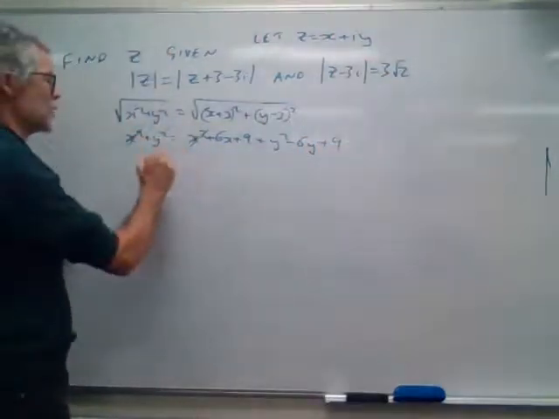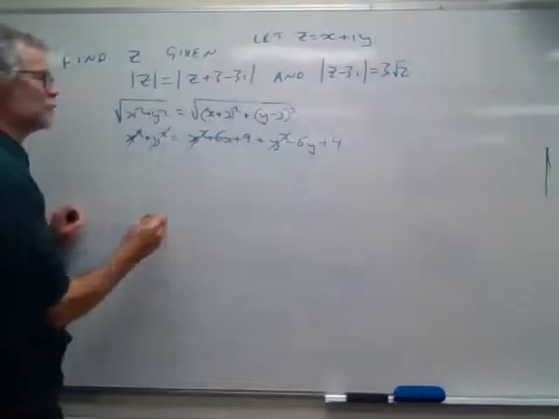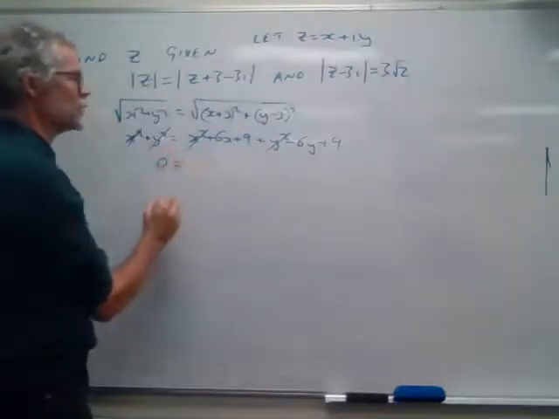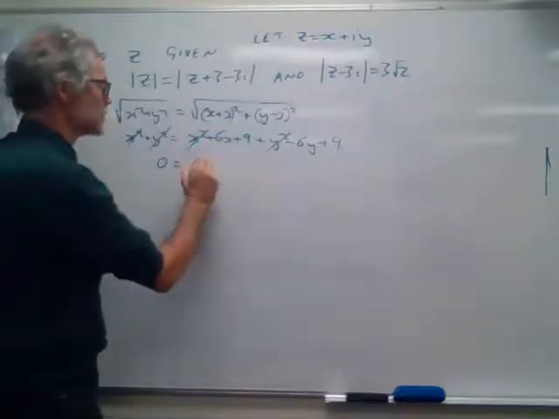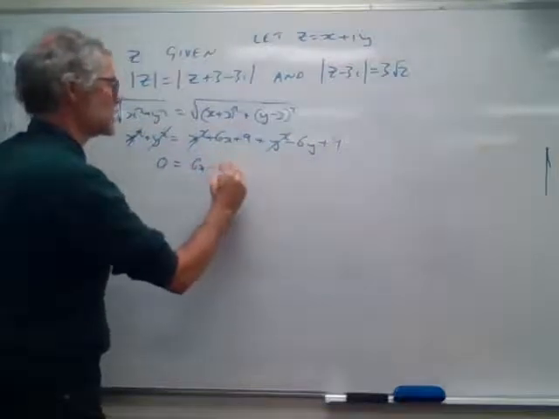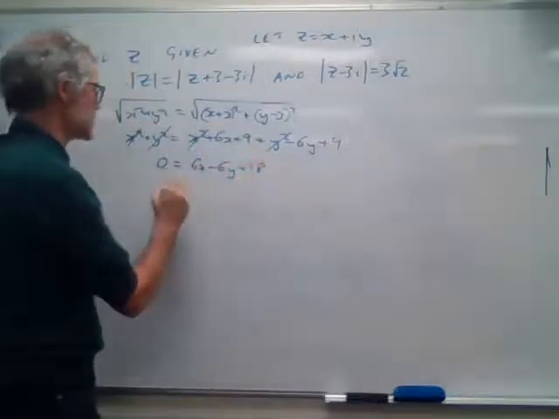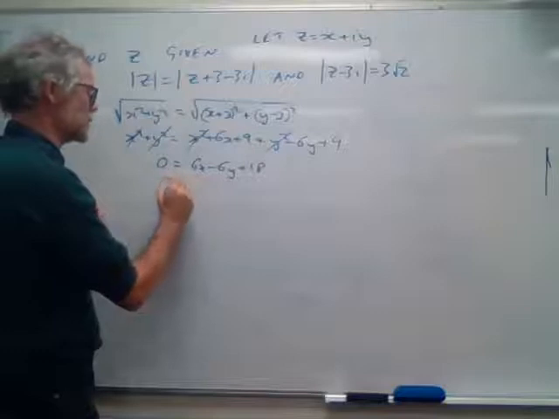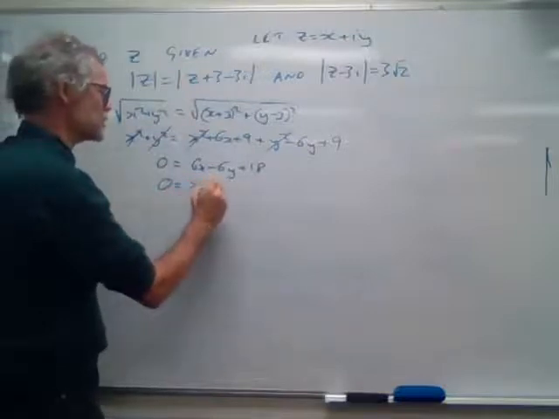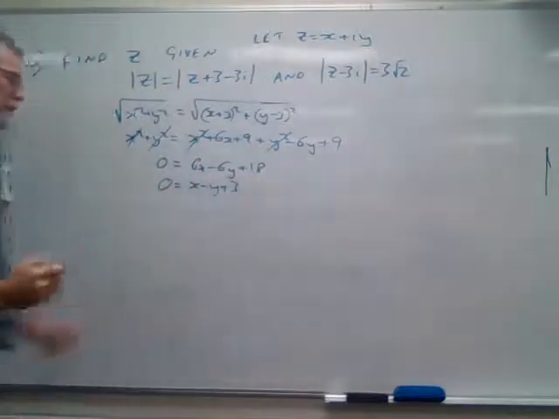The x squares go away and the y squares go away. So we got 0 equals 6x minus 6y plus 18. Divide everything by 6. 0 equals x minus y plus 3.